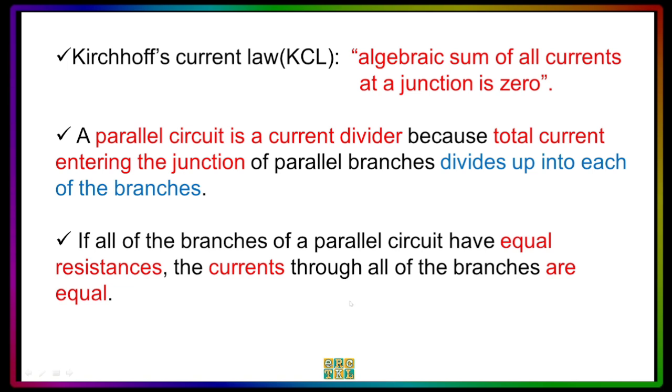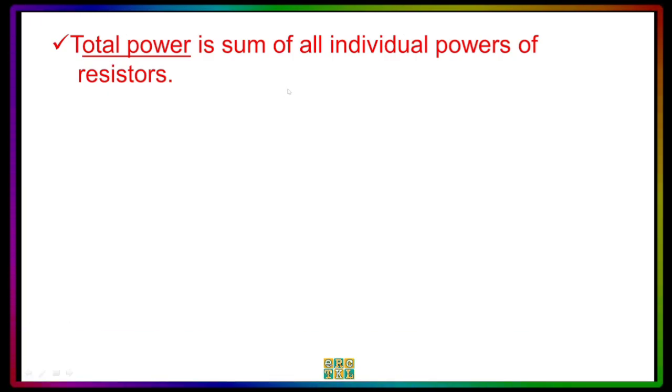Power is just the sum of all the individual powers of the resistors. So the formula for power that we used before will still be applicable to the parallel circuit.